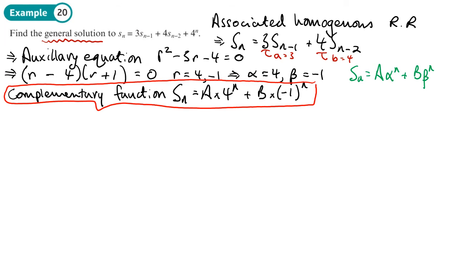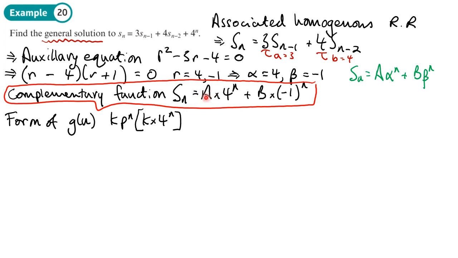Okay, so for our particular solution, we need to look at the form of g(n). Now the form of g(n) is of the form k p to the n, and k would actually be 1 in this case, but we have something that looks like that in the complementary function, because this p would be 4, wouldn't it? So actually this is like k times 4 to the power n.